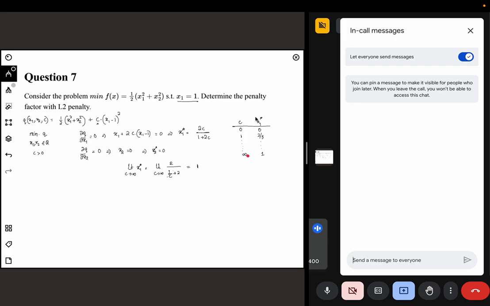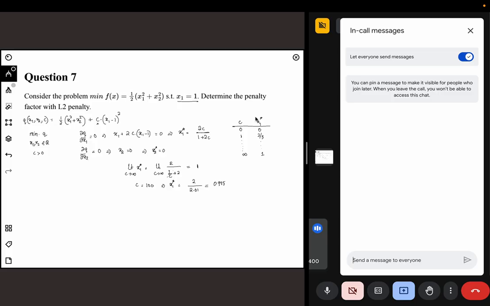But I do not have to actually go till infinite. For example, let's say C equal to 100 or something. Then x1 star will be 2 by 2.01 or something, so this will be approximately 0.995 or something.